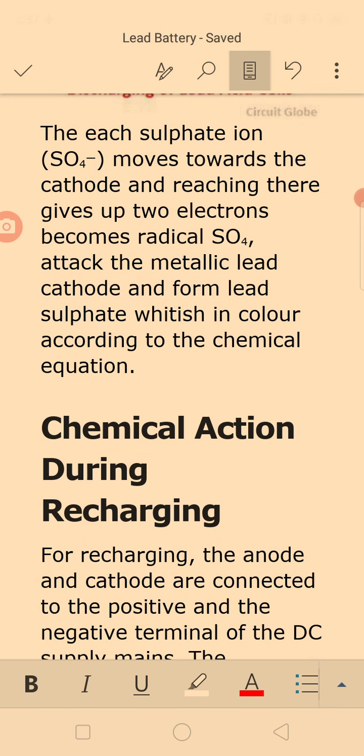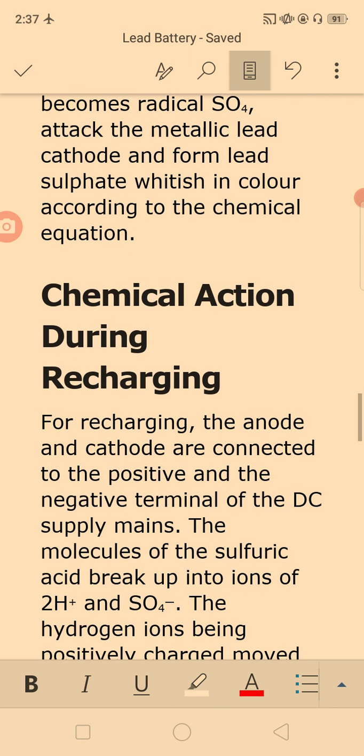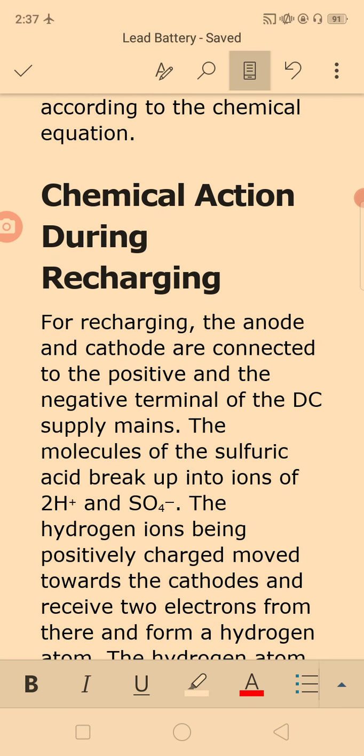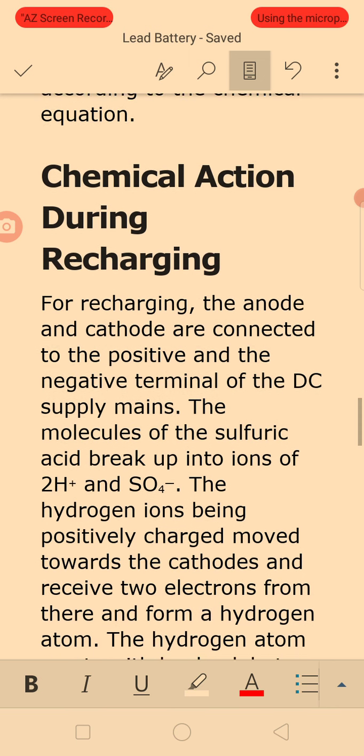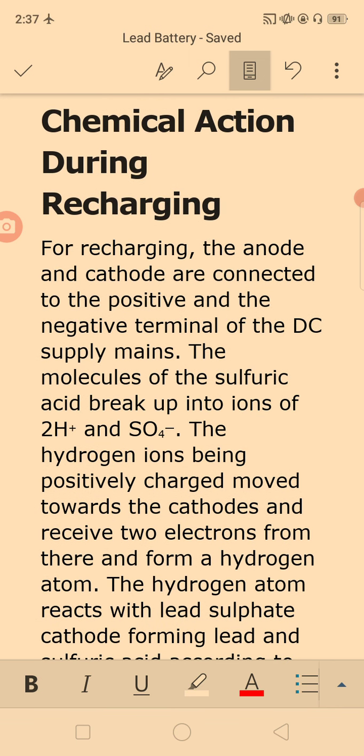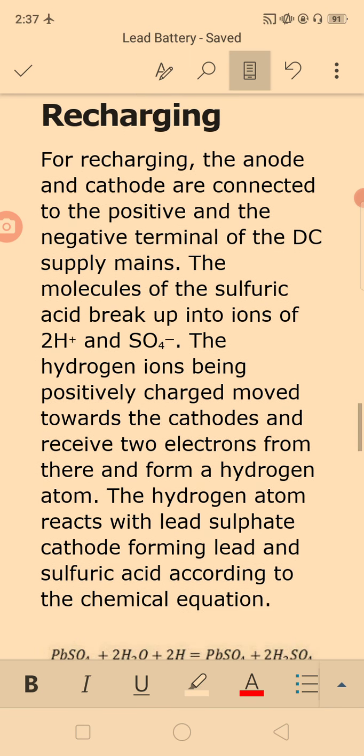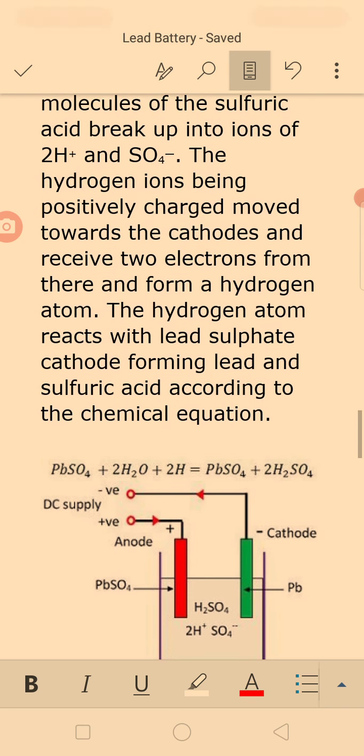During recharging, the chemical reactions are reversed. The molecule of sulfuric acid breaks up into two hydrogen ions and one sulfate ion. The hydrogen ions, being positively charged, move toward the cathode and receive two electrons there to form hydrogen atoms. Hydrogen atoms react with lead sulfate at the cathode, forming lead and sulfuric acid according to the chemical equation.